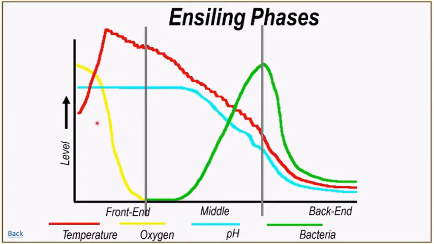The other thing that's happening here when the oxygen level's high is that mold and yeast that are naturally present in the environment are going to continue to feed off the sugar. And if this takes too long, too many days in any one part of the silo for this oxygen to get eliminated, that mold and yeast will switch from a vegetative phase to a reproductive phase, and they produce spores.